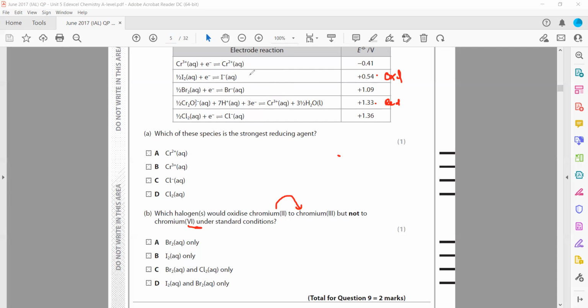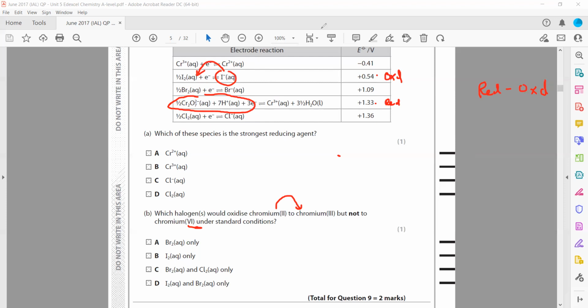And when we check here, the formula is reduction minus oxidation. The reduction part, these will be the reactants, and minus oxidation. When oxidation happens, the product of the oxidation is the reactant.